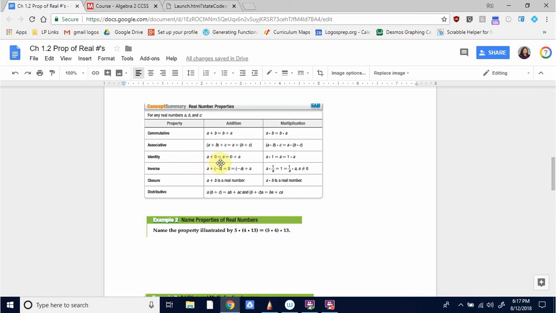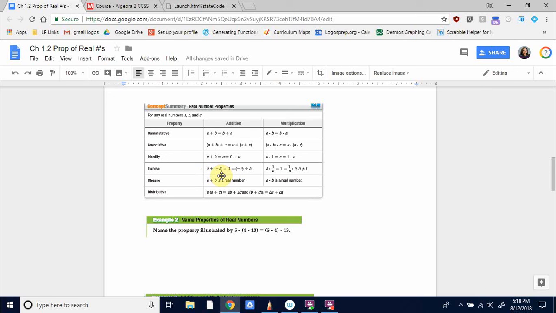Identity means the number keeps its identity. So a number plus 0 is itself. That's the additive identity property. The multiplicative identity property is anything times 1 is itself. Then we have the additive and multiplicative inverses. Basically, the additive inverse says a number plus its opposite will equal 0. So it goes from positive to negative or negative to positive.